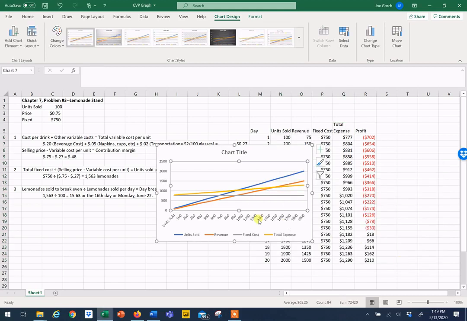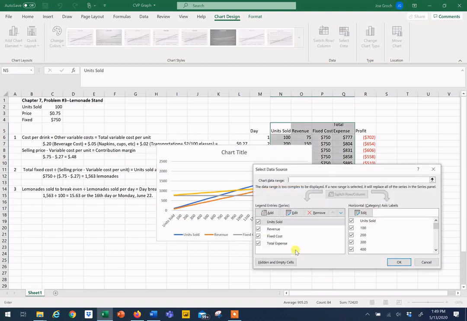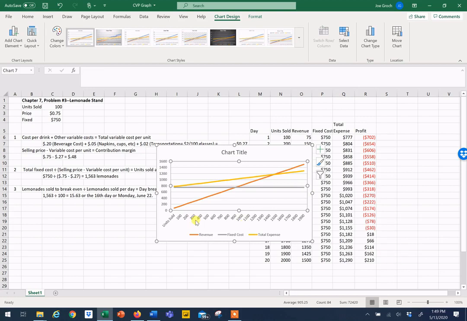Hit OK again, and now the units are correct on the x-axis. We really don't need that unit line up there, so let's go back over here, deselect that, hit OK, and now we've got a break-even chart.